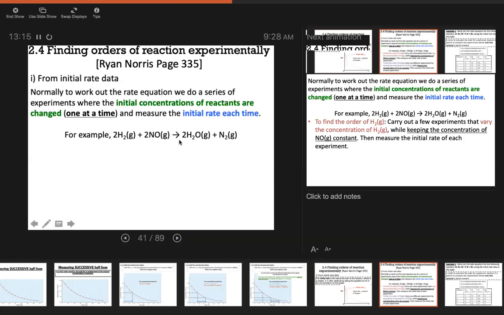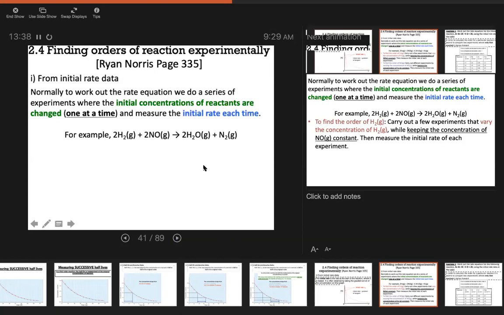Right, how do we work out the order of reactants ourselves if we did not have data from the experiment? Normally, to work out the rate equation, we do a series of experiments where the initial concentrations of reactants are changed and measure the initial rate each time.